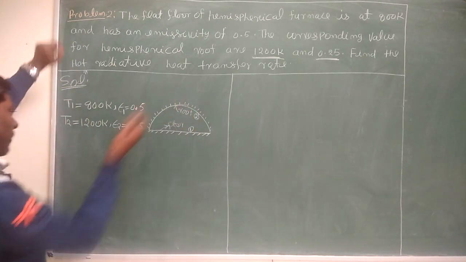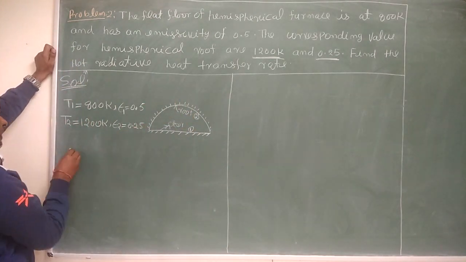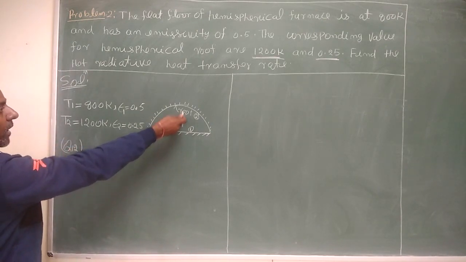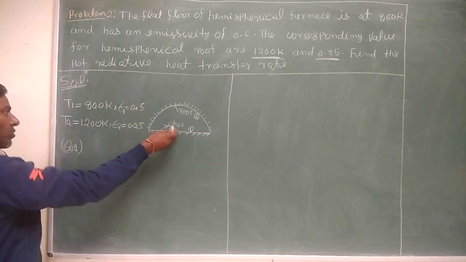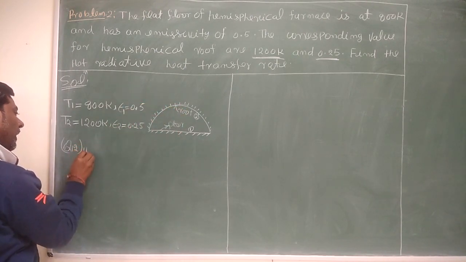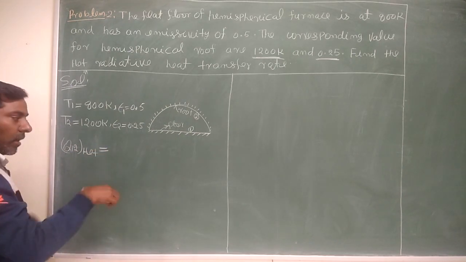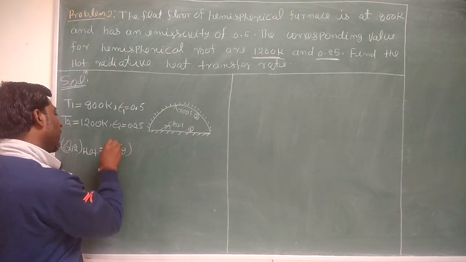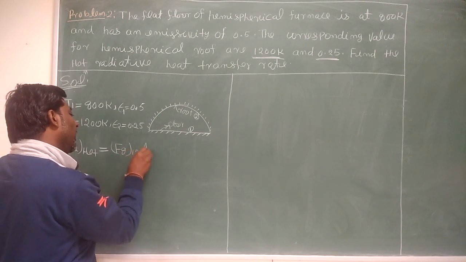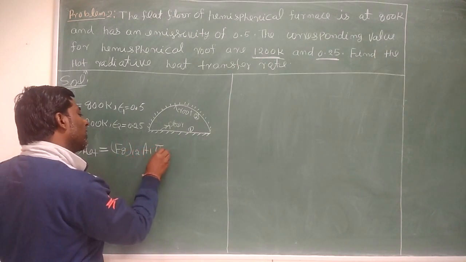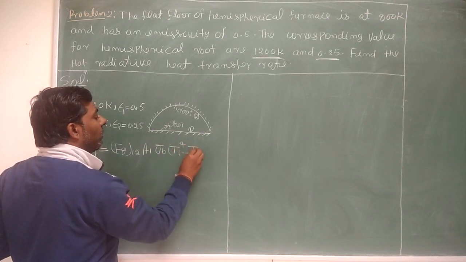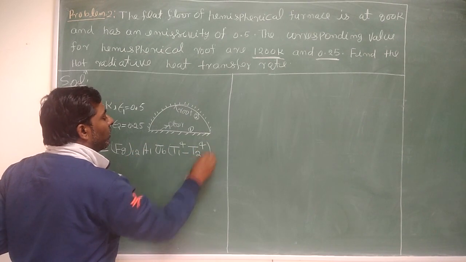From that approach, the net heat transfer rate between this flat floor and the hemispherical roof, that is 1 and 2, is given by the gray body factor Fg12 into A1 into sigma B into T1 to the power 4 minus T2 to the power 4.